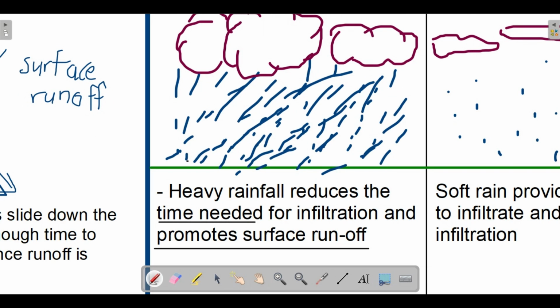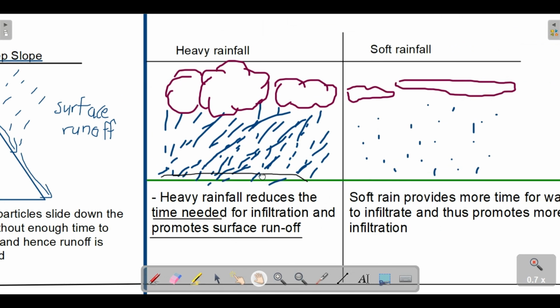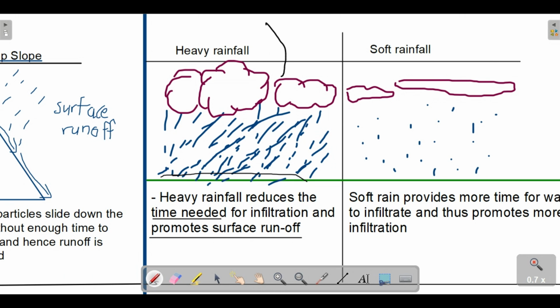So if it floods over a short period of time, this volume of water falling over a short period does not give these water particles enough time to infiltrate through the ground, and hence we see more surface runoff when it is heavily raining than when you have a soft rain. Whenever the rain is heavy, surface runoff is promoted.